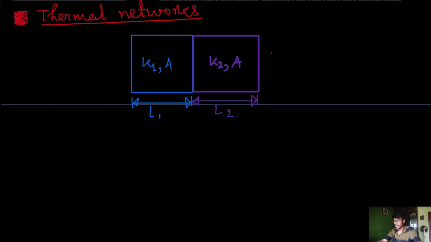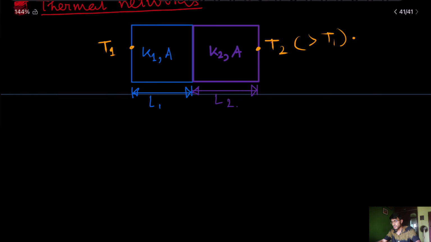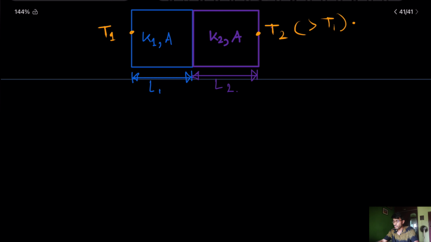Now suppose you are given the Dirichlet boundary condition, that is, on this face you have temperature T1 and on this face you have T2, which is greater than T1. Find the temperature profile. So if you are given this problem, how can you solve it?